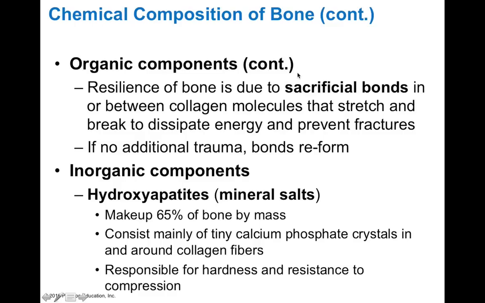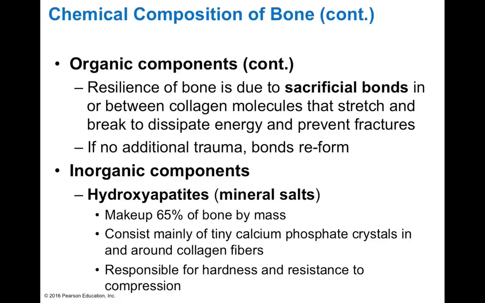Now, the organic components help to form some resilience of bone because of these sacrificial bonds. What we find is that between the collagen molecules in bone, sometimes there are actually little break points. That way, if bone receives a lot of stress, we have sacrificial bonds that can help absorb some of the shock on that bone.